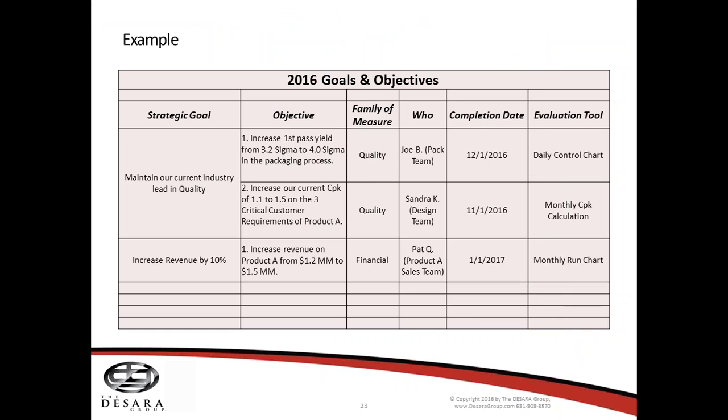I find still an alarming number of companies that I go into don't have a consistent set of metrics that they look at on an ongoing basis. And that dashboard to me is really critical for the organization to know how they're doing, on an ongoing daily, monthly, weekly, whatever the metric is. And so the goals and objectives matrix that I gave you, these objectives could be part of that dashboard.